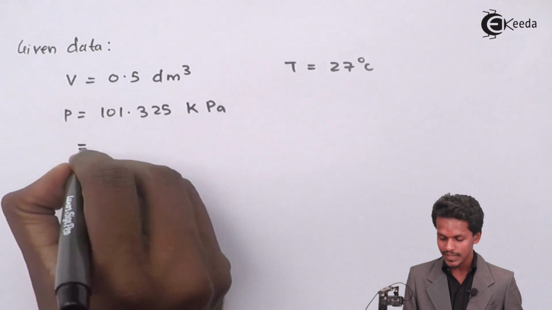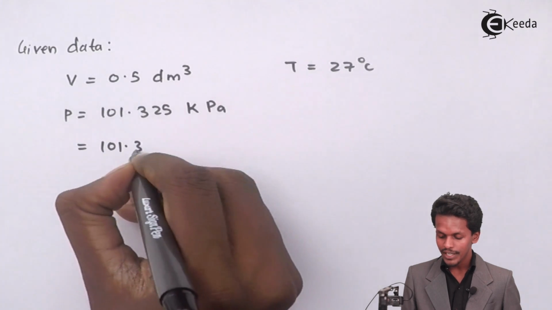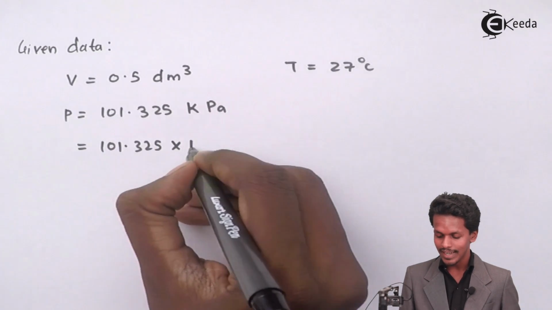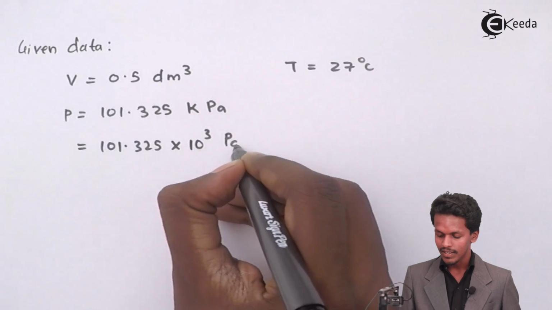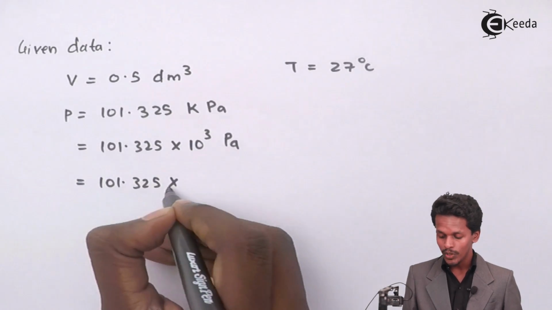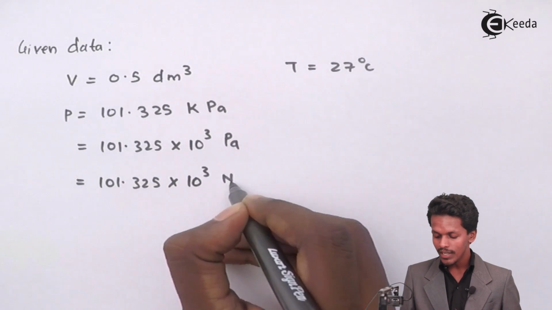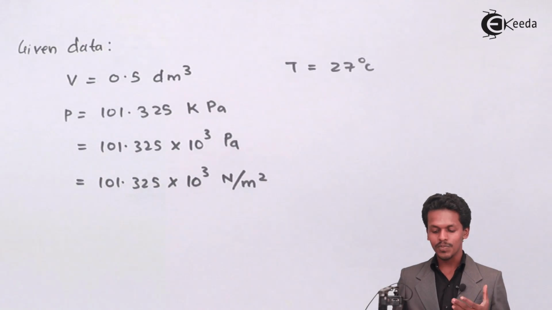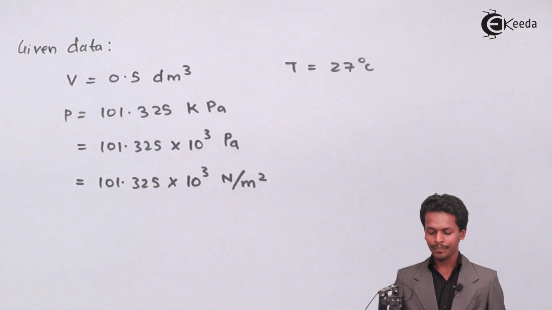So this would be 101.325 into 10 raised to 3 Pascal, that is 101.325 into 10 raised to 3 Newton per meter square, because Pascal is nothing but Newton per meter square.